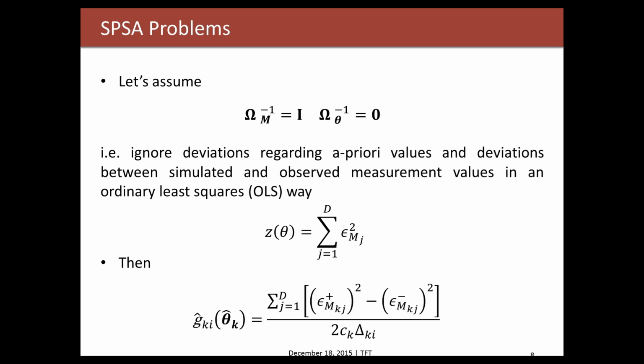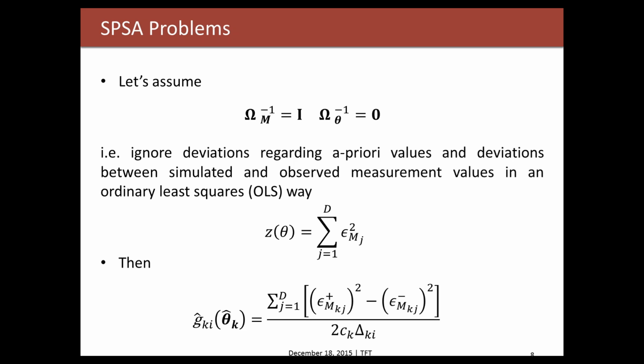And by assuming the identity matrix for the measurements variance covariance matrix, we assume the relationship in an ordinary least squares. If we use these two assumptions, then the value of the error function z is given by basically the sum over all measurements d of the square of the deviations.